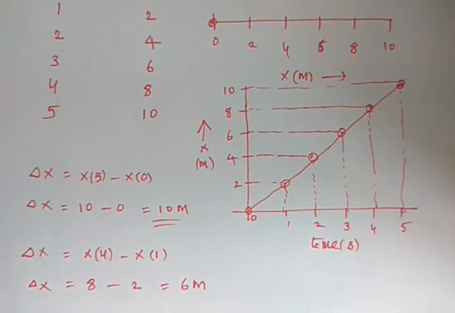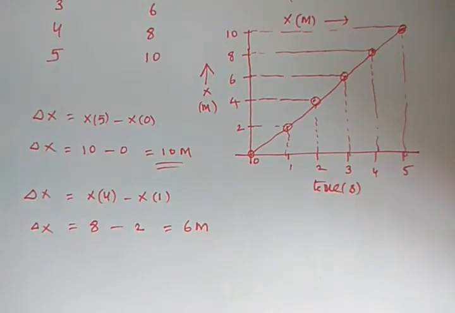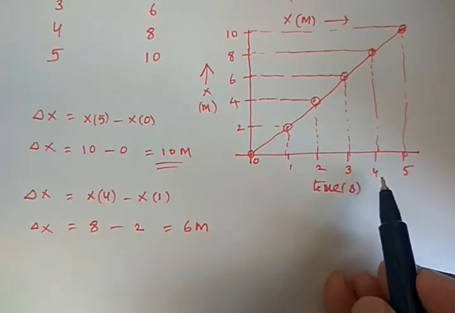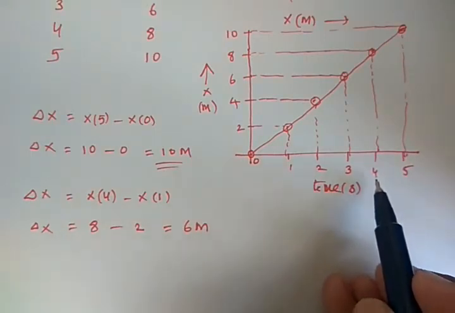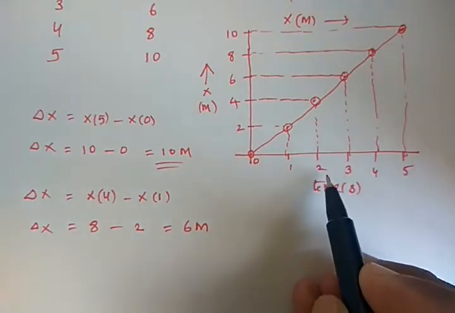And similarly, you can find the displacement of the body between time t equals 2 and 4 seconds. Delta x equals x at t is 4 minus x at t is 2.